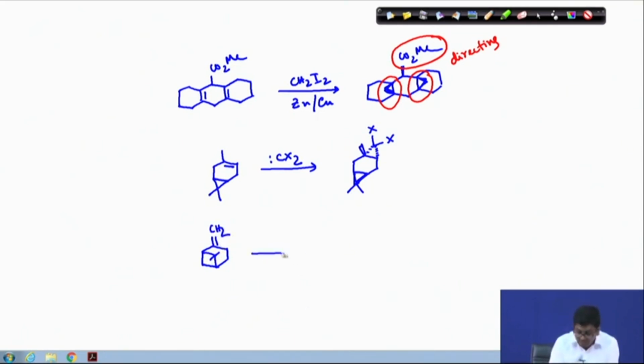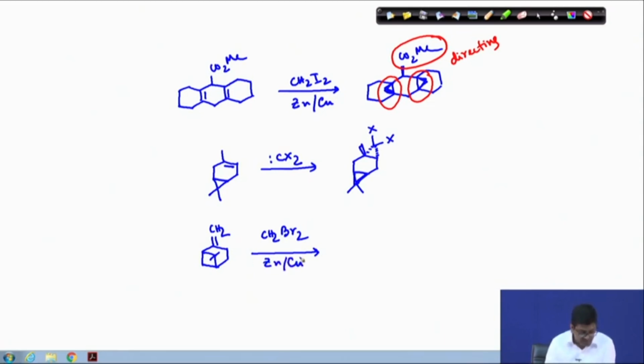Now, a little bit modified Simmons-Smith reaction, where they have not used methylene iodide, rather they have used methylene bromide as the corresponding reagent in presence of zinc-copper couple.